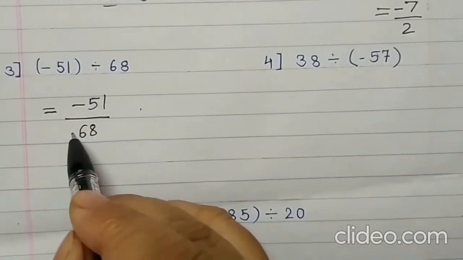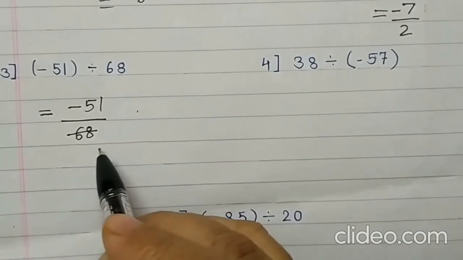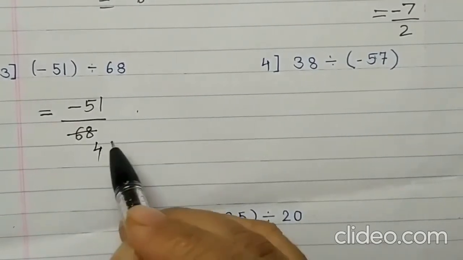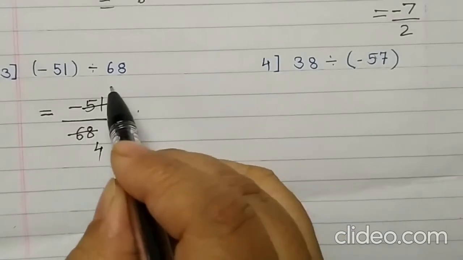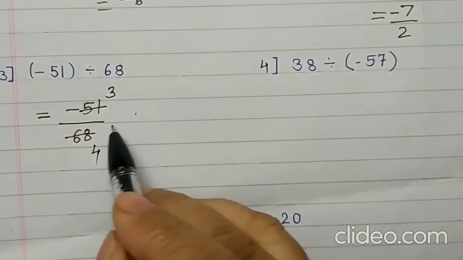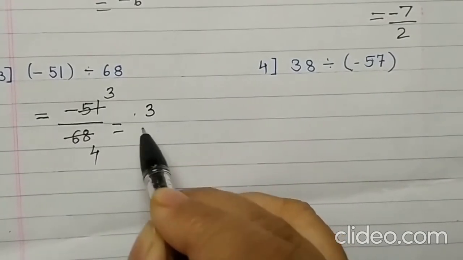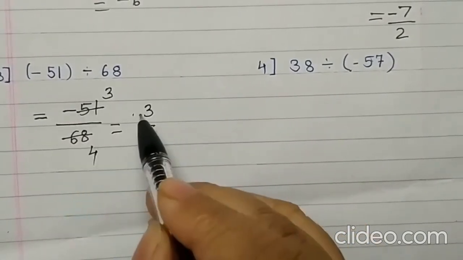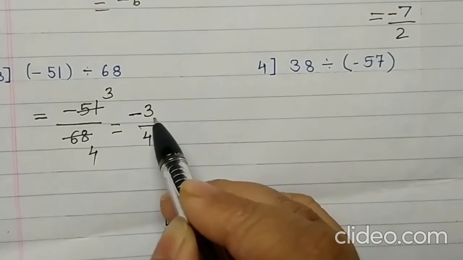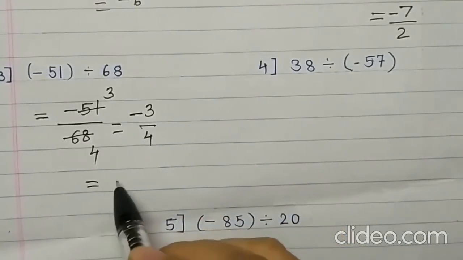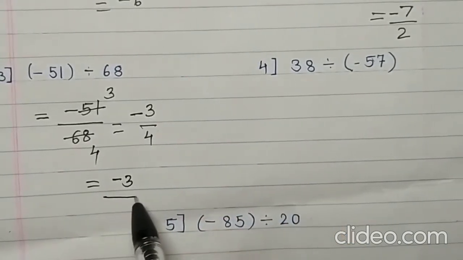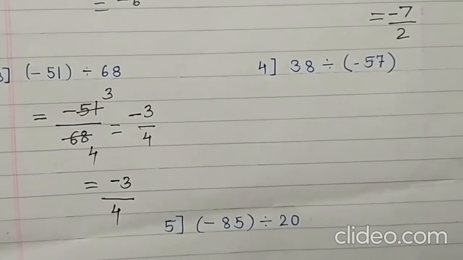Let's solve this. 17 fours are 68 and 17 threes are 51. So 3 upon 4, and this minus sign will continue to the numerator. So the answer will be minus 3 upon 4.